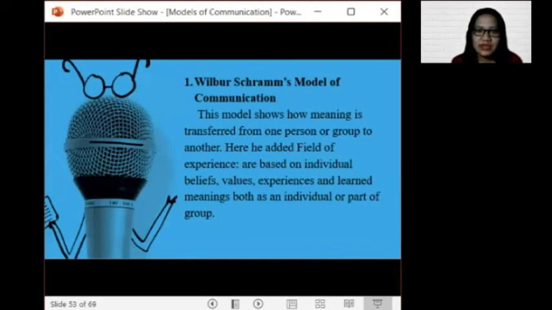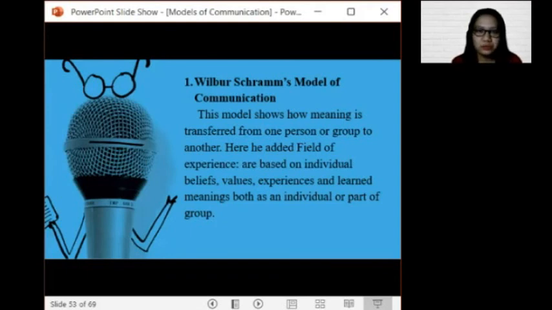He asserts that the sender and the receiver should have the same field of experience. He also developed this model in order to explain communication breakdown. Please take down notes of this. He explained the communication breakdown and gives emphasis on the encoding and decoding of the message.